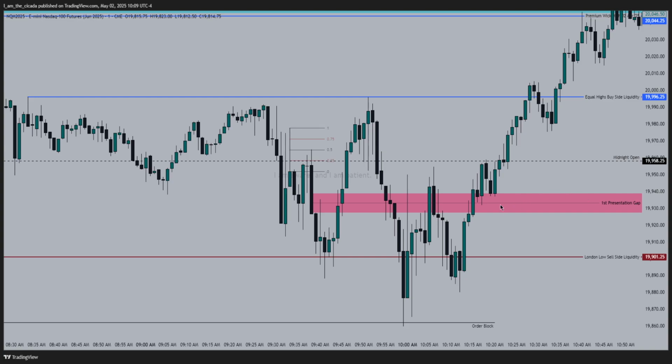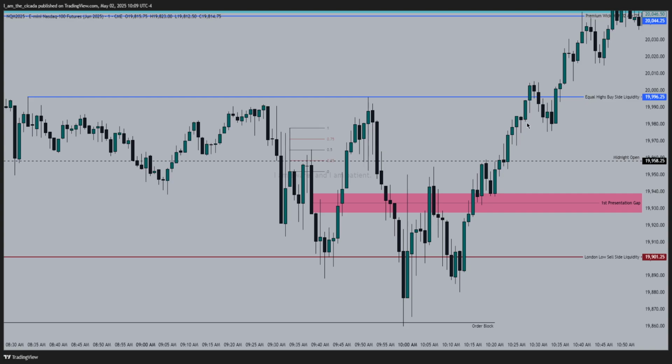And the perfect opportunity showed itself as we breached the consequent encroachment midpoint level of this first presentation gap. Price digs into it once, twice, and then completely leaves it. There, in my opinion, that would be the perfect area to go long and take your profits at the equal highs buy side liquidity.